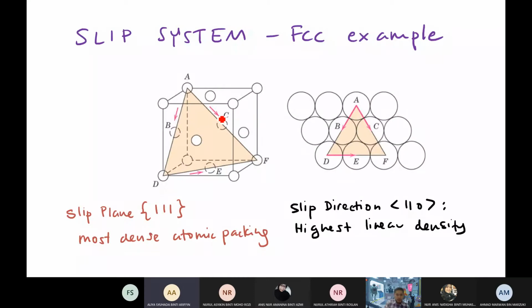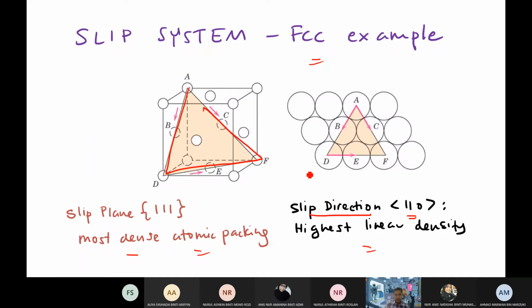Okay, this is an example for FCC, like what I have mentioned before. So the most dense atomic packing for FCC is here at the 111 plane. So this is the most dense, yang paling padat sekali, the most dense atomic packing. And the highest linear density is at this direction, 110.